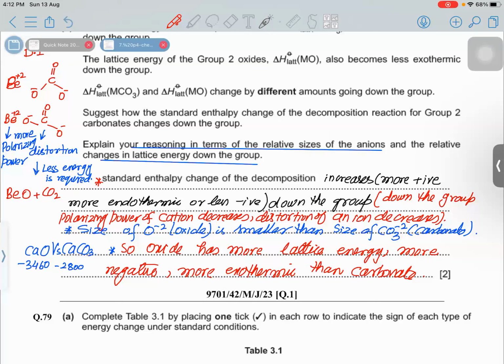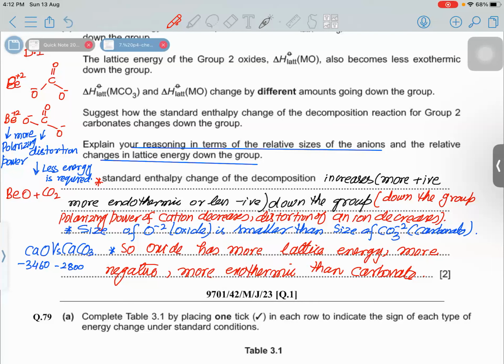The question was: suggest how the standard enthalpy change of decomposition reaction for group 2 carbonates changes down the group. So increases. Explain in terms of the relative size of the anion and the relative changes in lattice energy down the group.